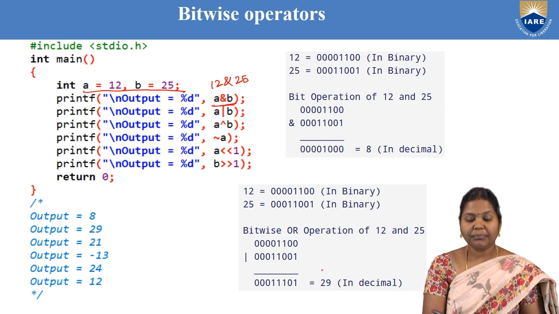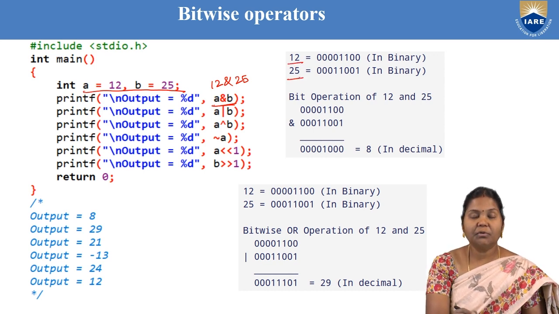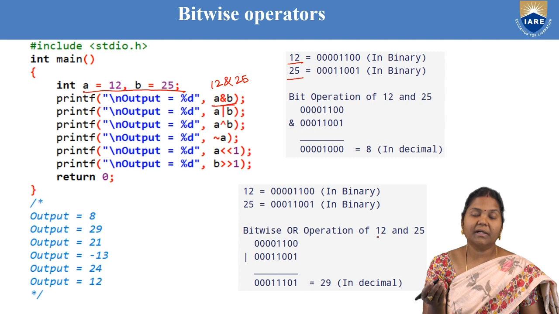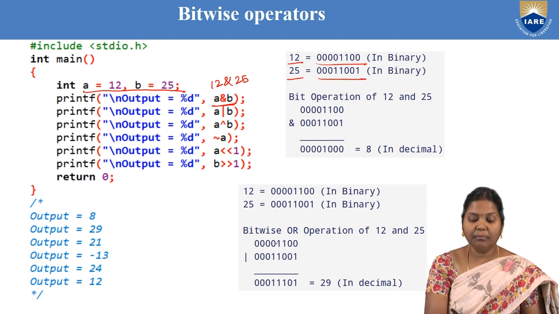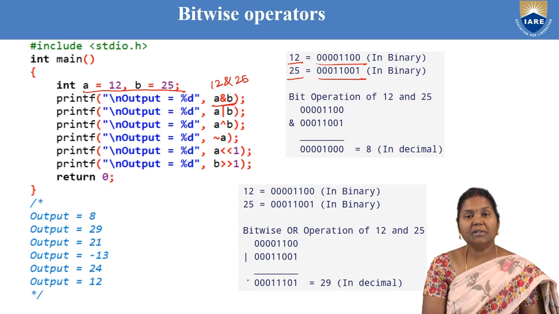First the values 12 and 25 must be converted into binary form. If you convert 12 into 8-bit format, you will get 1100 with preceding 4 zeros, because this is in 8-bit format. Now, 25 is 11001 preceded by zeros to complete the 8-bit format.